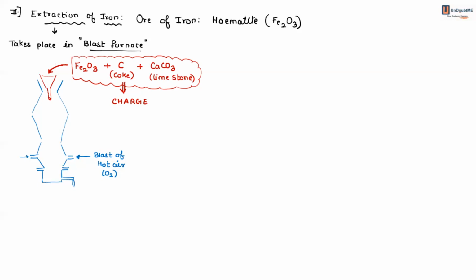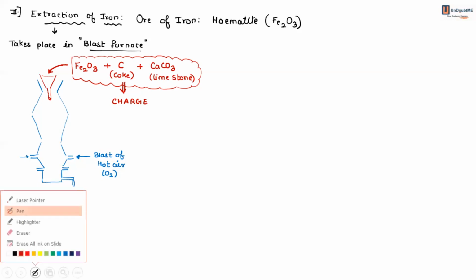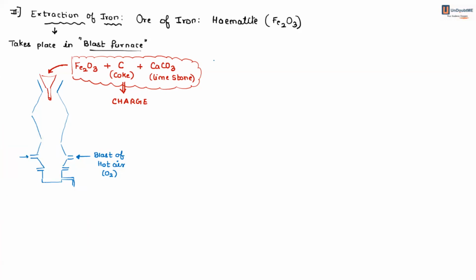Now there will be a series of reactions which are going to take place. So what happens in step one? As I told you, a blast of hot air will be given from below. So the carbon which is there, in the form of coke, reacts with that hot air, oxygen, and forms carbon dioxide.